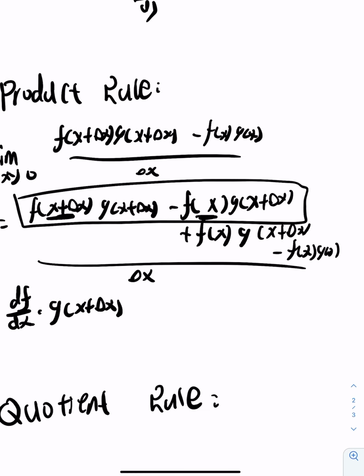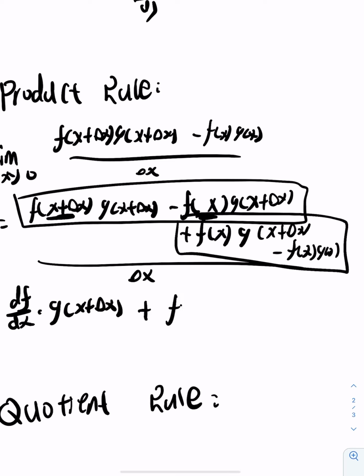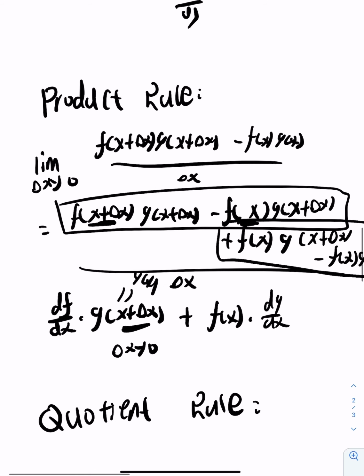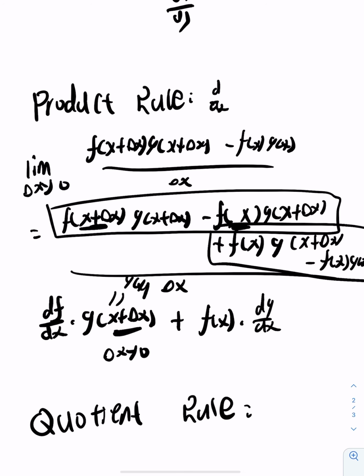And this term is basically equal to f(x) times dg/dx. And when delta x is approaching 0, this term is just approaching g(x). So this proves the theorem that d/dx of fg is equal to f' g plus g' f, where the prime just means derivative.